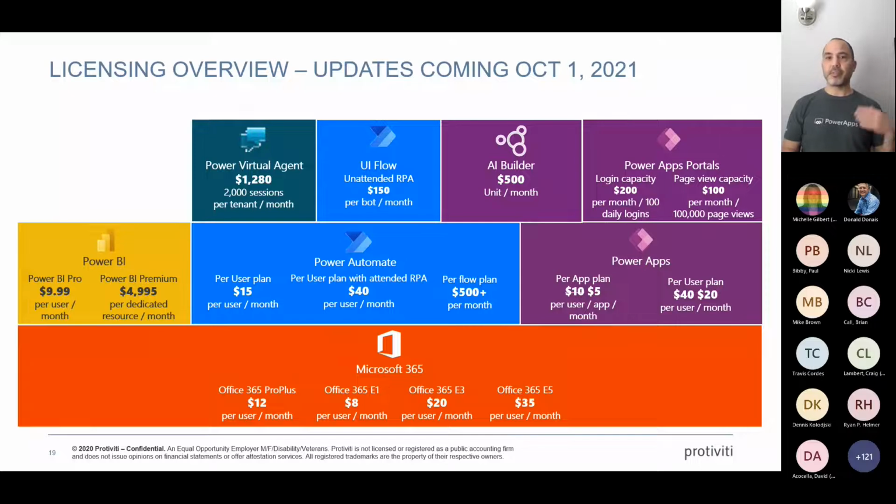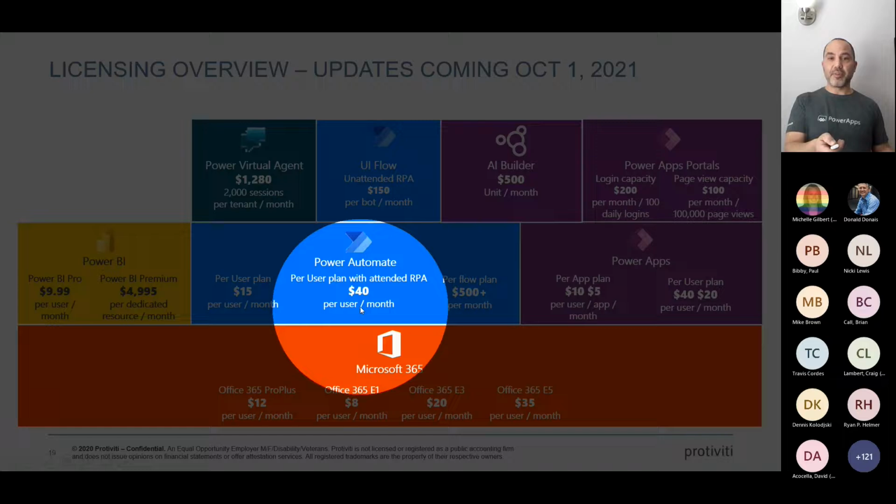What also happened very recently is they now released what is called pay per use. So as you start using those Power Apps and flows, you're only paying for what you're actually consuming. It's kind of like an Azure model. Now, again, if you want to build Power Automate workflows, RPA, there's a license for that.